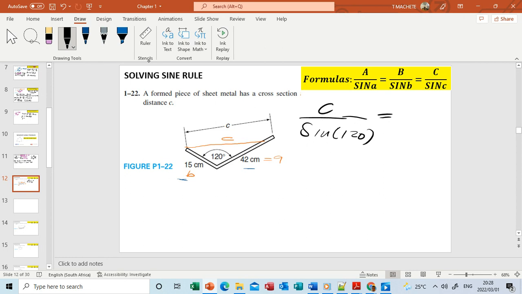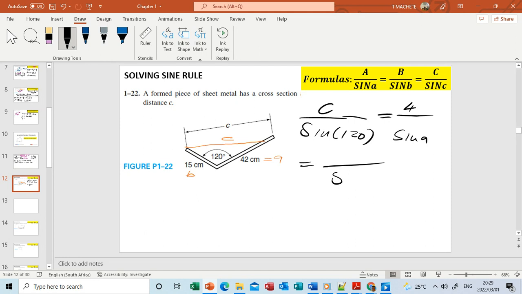Just want to show you something. Then you write your A. The formula will tell you, if you are not sure, that there's a problem here. So you'll have A over sine A. You're not given this one. Equals to B over sine B. Let me write the values.